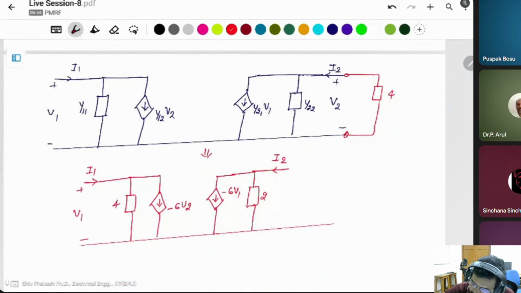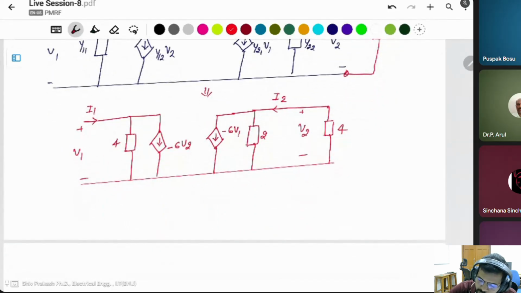Okay, and another admittance is 4. This is the voltage V2. Simply we then have to apply KVL, KCL to find this.